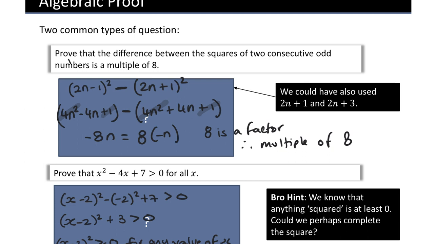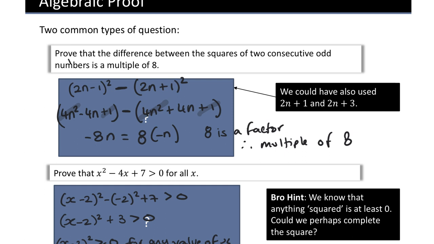Okay? Let's assume it's 0. 0 plus 3 is in fact, it's greater than 3. Okay? So therefore, x minus 2 squared plus 3 is actually always going to be greater than 3.